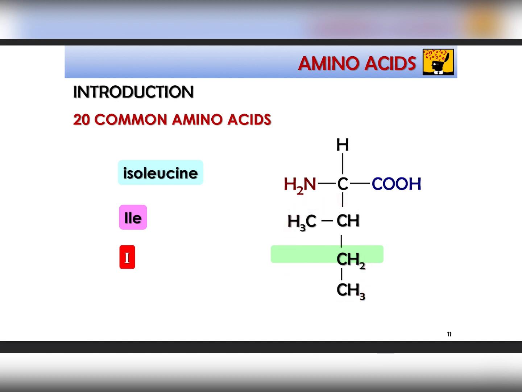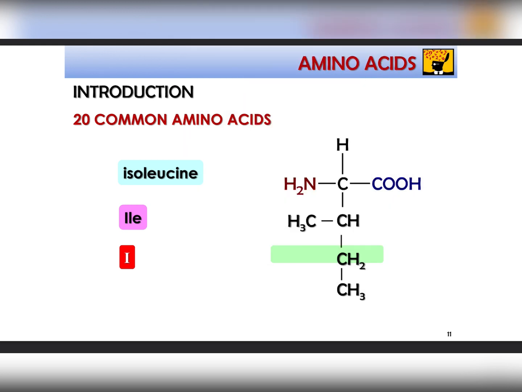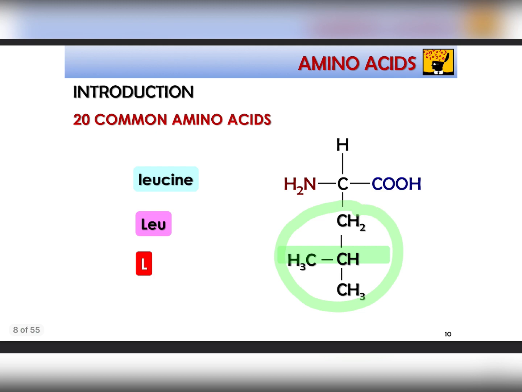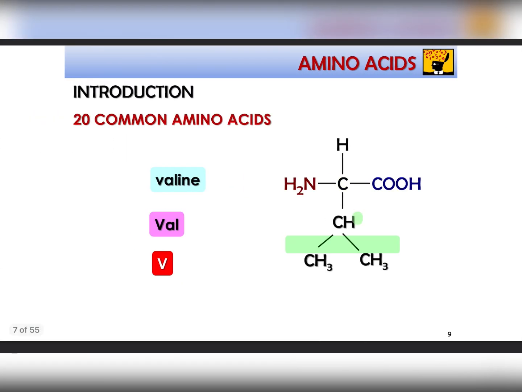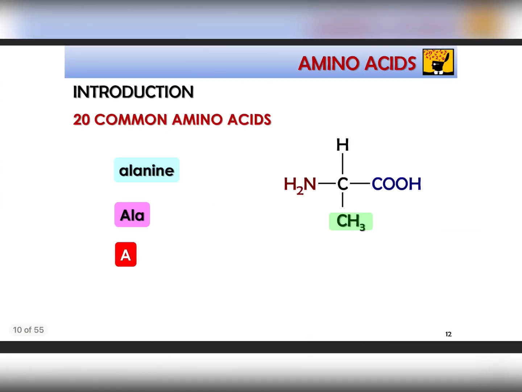So kalau kamu perasan all the amino group dengan carboxyl group ni sama aja. Yang berubah hanyalah at this part, hanyalah dekat bahagian sini. Okay, so ini pun sama R group. So ini pun sama R group, dia sahaja yang berbeza.